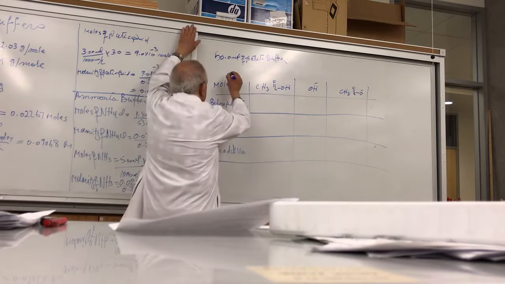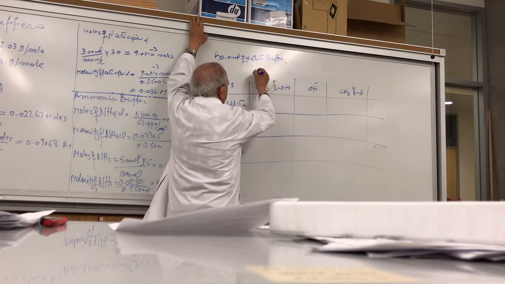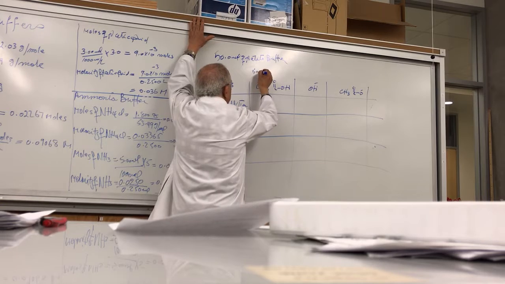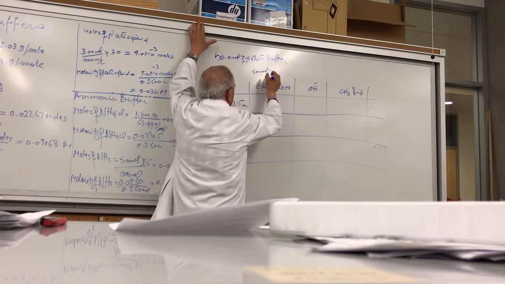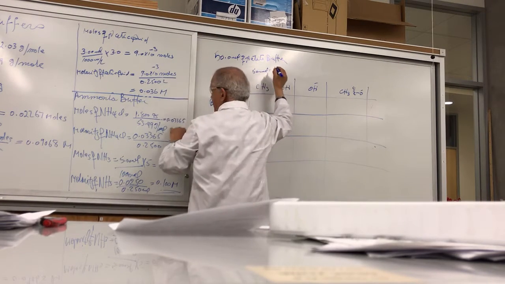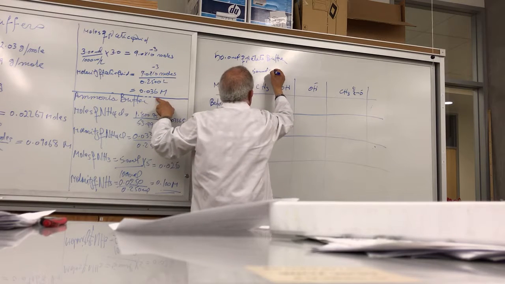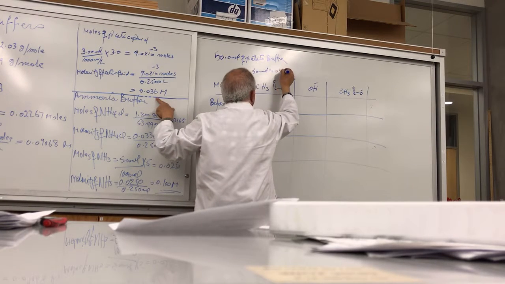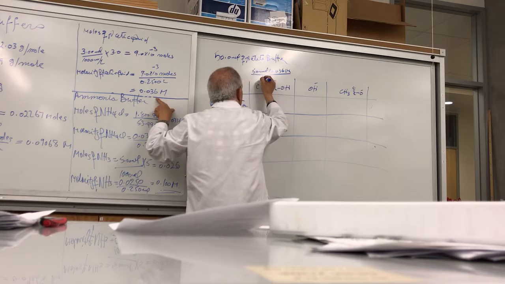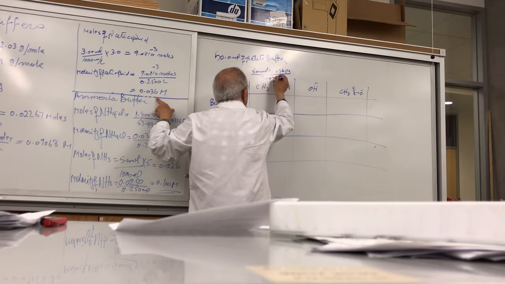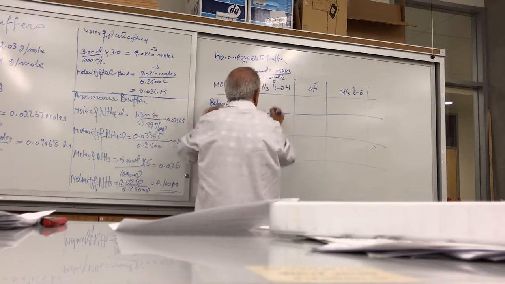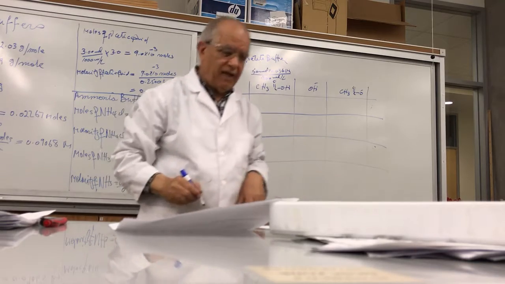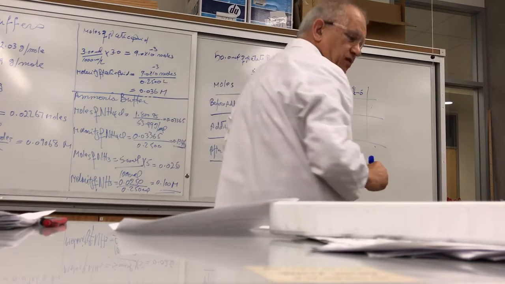You have 50.0 milliliter here times the concentration, 0.036 molar, divided by 1,000 milliliter per liter, and the number comes out, after you do the math, 1.8 times 10 to the minus 3.